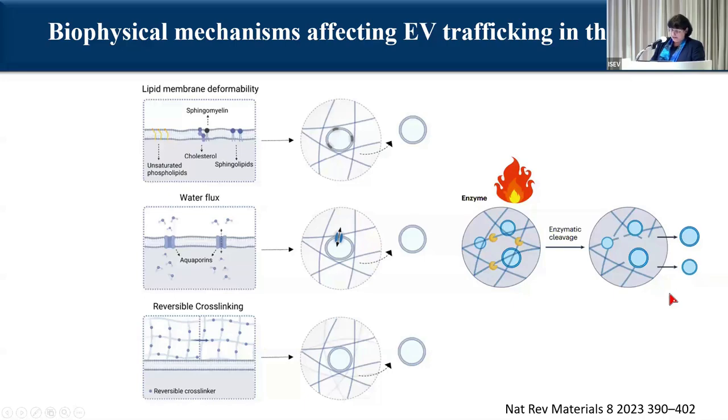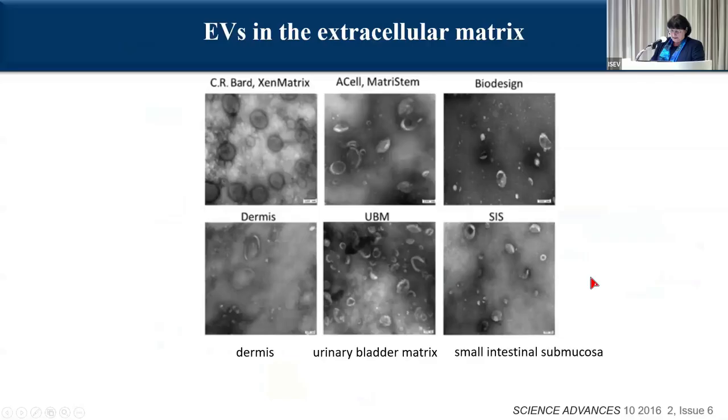I would like to mention that just like we heard from Pia, there's a corona formation, and if there is an extracellular matrix degradation, the fragments of the degrading matrix components can be carried on the membrane of the vesicles as part of their coronas.